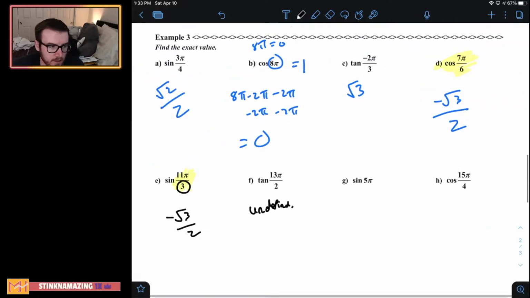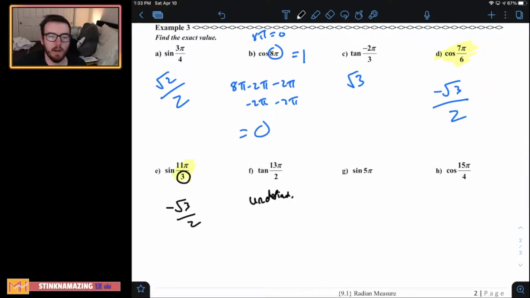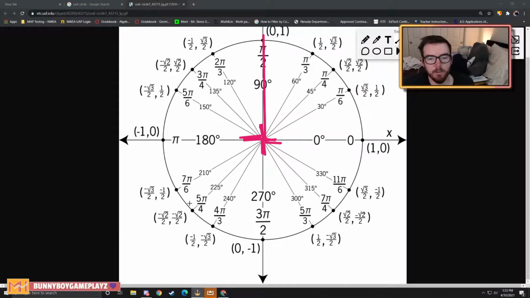You want to try again with sine of 5 pi? So pi is halfway around. So pi, 2 pi, and so on. So what is sine of 5 pi? Take a minute to look at that. Some answers pop up on screen.